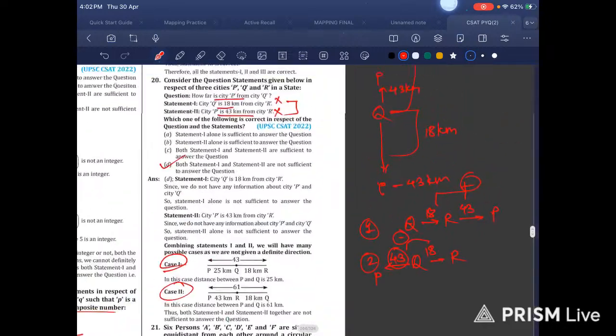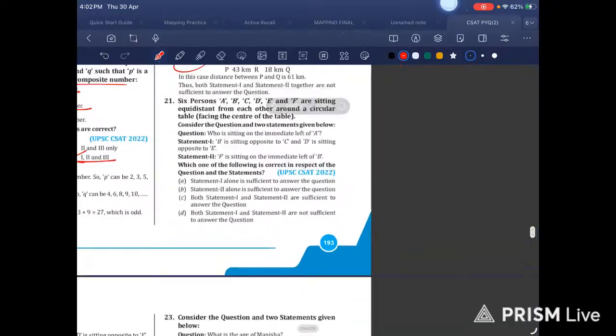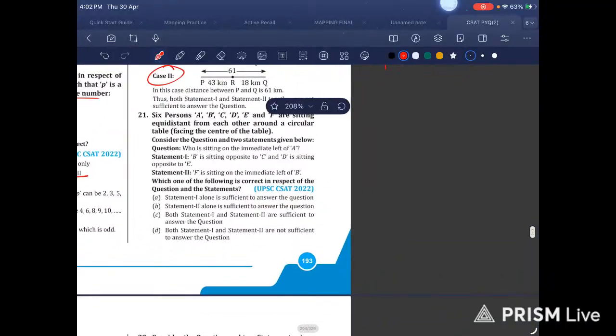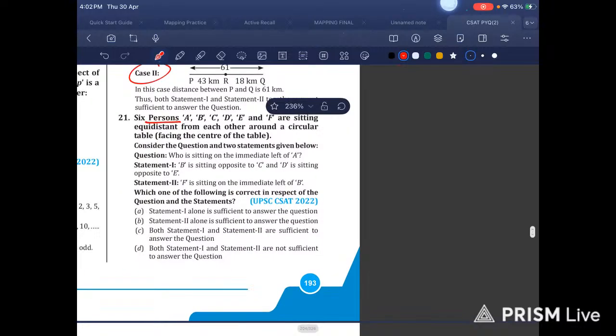Okay, so we are done with 20th question also. Good, we are on track. Six persons A, B, C, D, E and F are sitting equidistant from each other along a circular table. Who is sitting on the immediate left of A?